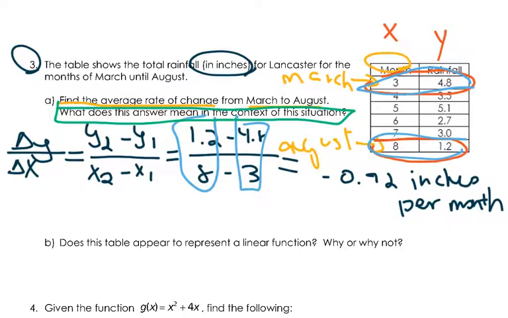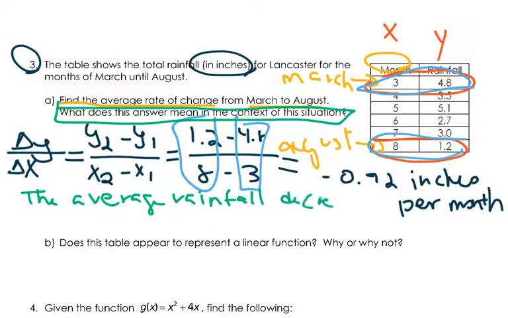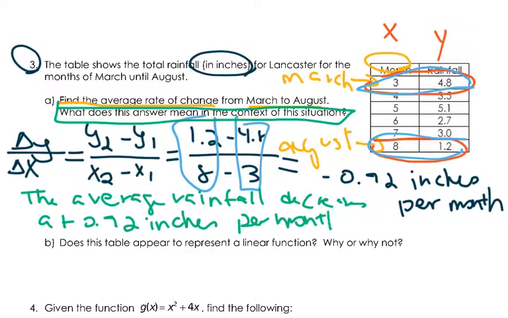So if you're looking at this here, this is saying that the average rainfall decreases at 0.72 inches per month.